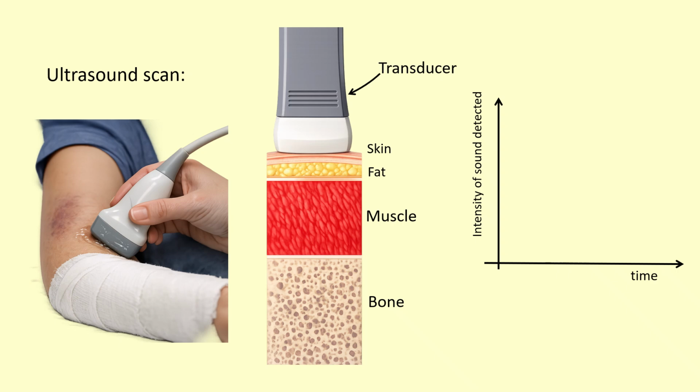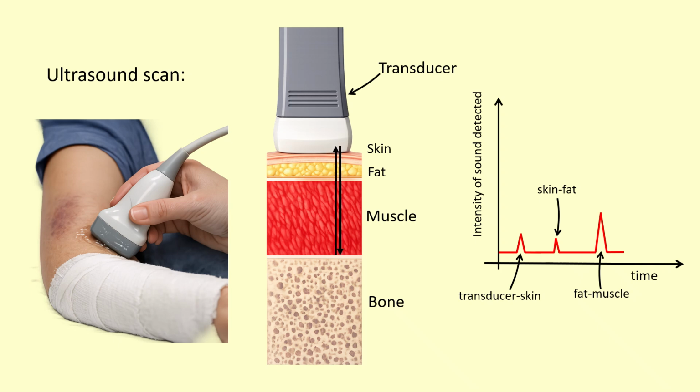As soon as the ultrasound is emitted, it's actually going to reflect straight away at the skin, right? Now, this is why we use that jelly to try to minimize that reflection at the skin, but it will have some, okay? And the next layer is between the skin and the fat, so there's going to be a bit of reflection there, and then after that, the boundary between the fat and the muscle, there's going to be some reflection there.